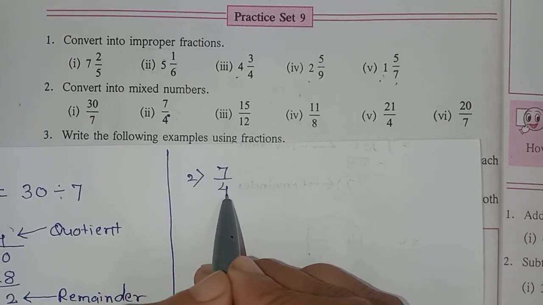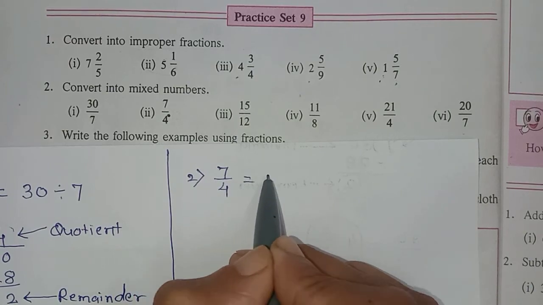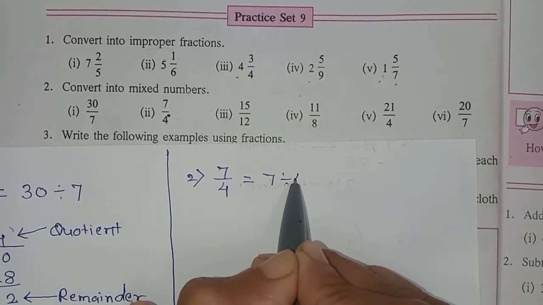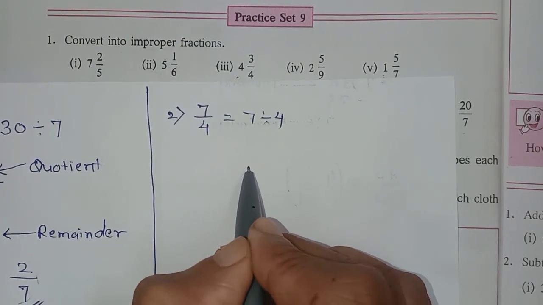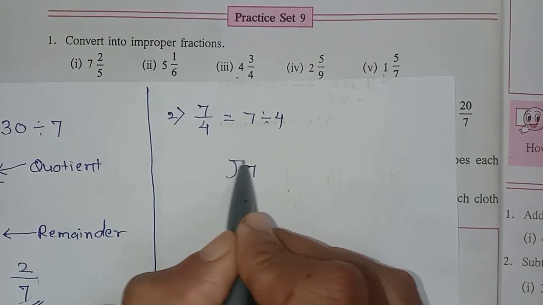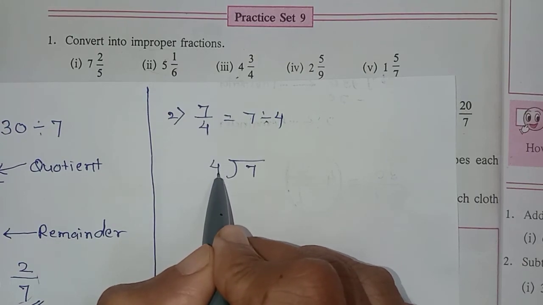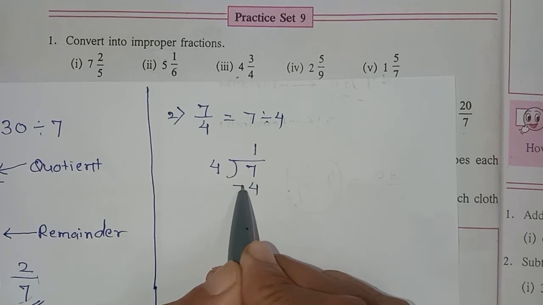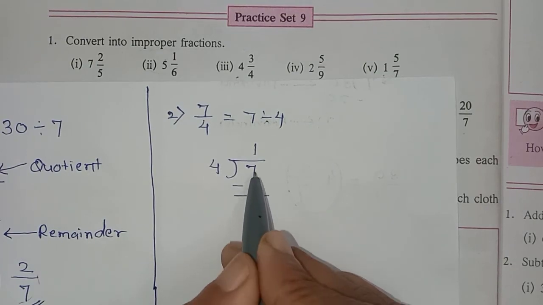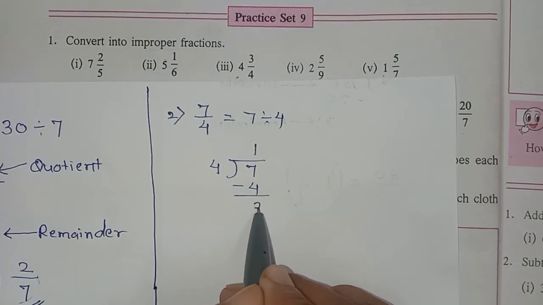We can divide 7 by 4. If we divide 7 by 4, we get 4 ones are 4, 7 minus 4 is 3.